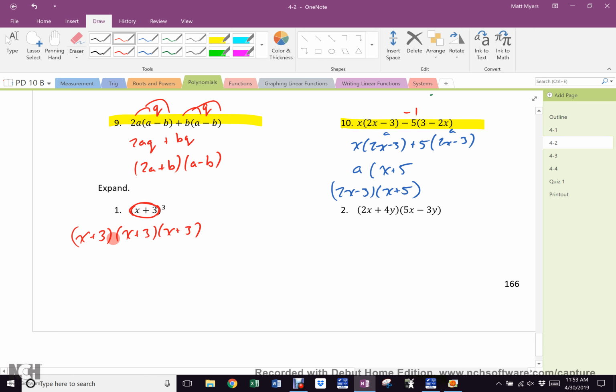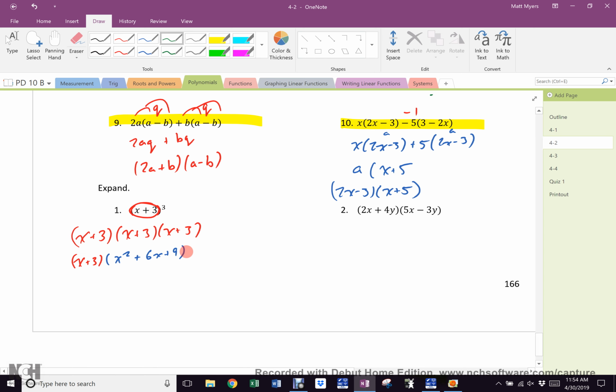So I like to do it in two stages. x plus 3, but then I do this one. x squared plus 6x plus 9. Remember, 3 plus 3 is 6. 3 times 3 is 9. It's that little other shortcut that is handy to use.